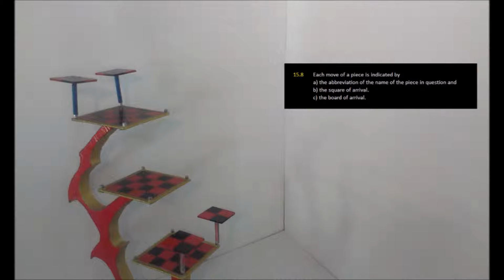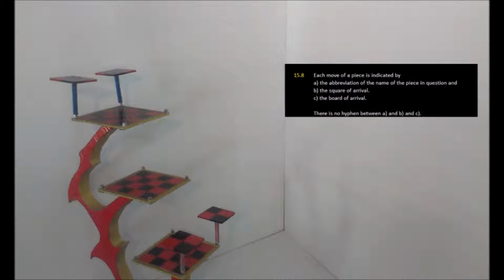Each move of a piece is indicated by A, the abbreviation of the name of the piece in question, B, the square of arrival, C, the board of arrival. There is no hyphen between A, B, and C.